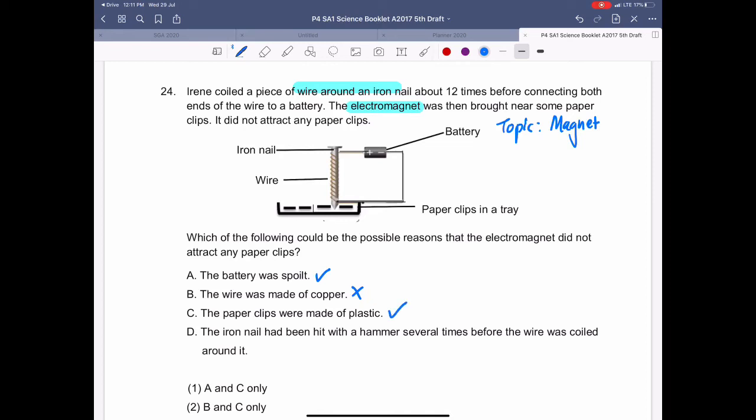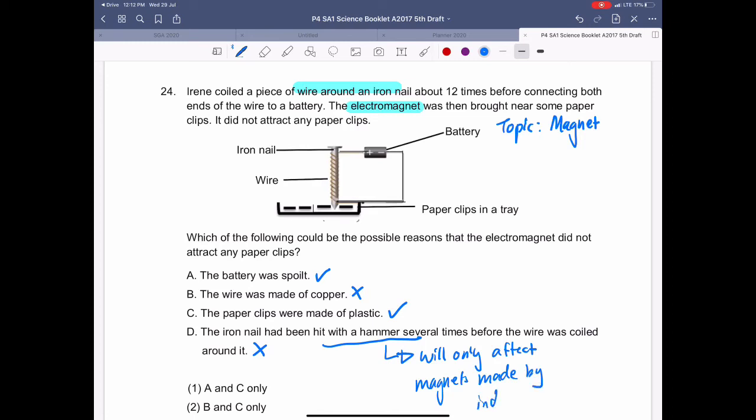The iron nail had been hit with a hammer several times before the wire. No. This one is for what? If it's hit by a hammer several times, this will only affect magnets made by what?